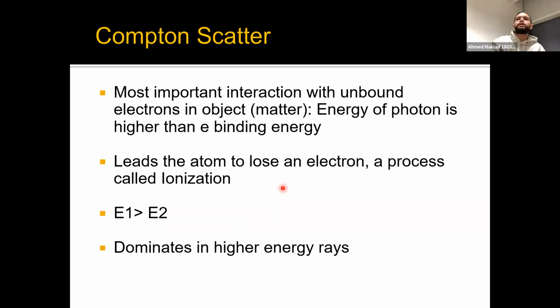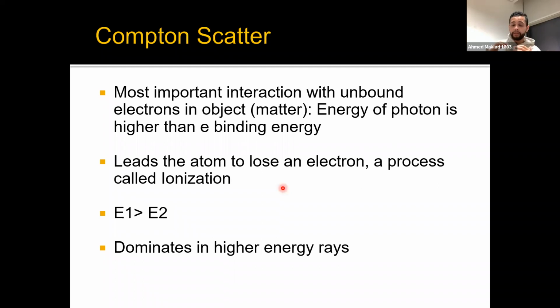So the Compton scatter is when an unbound electron in the object, hit by energy higher than its binding energy, leads the atom to lose an electron, also called ionization. Do you remember how I said in the characteristic radiation, one of the electrons is ejected? That happens in the X-ray tube.